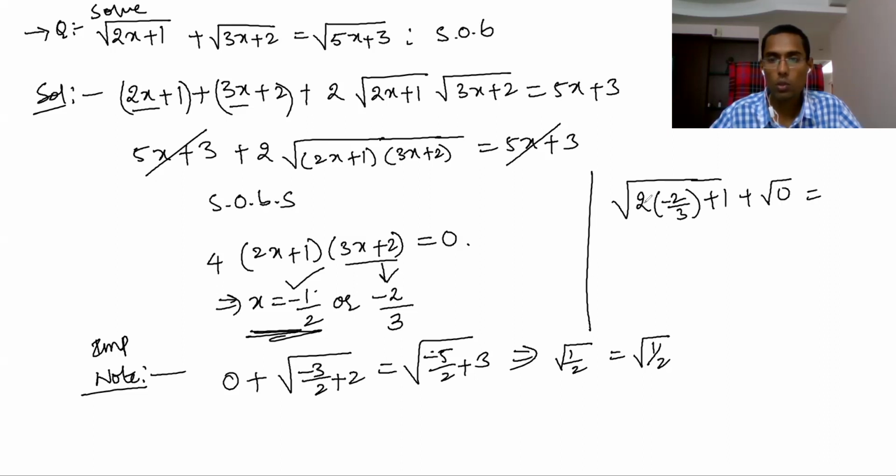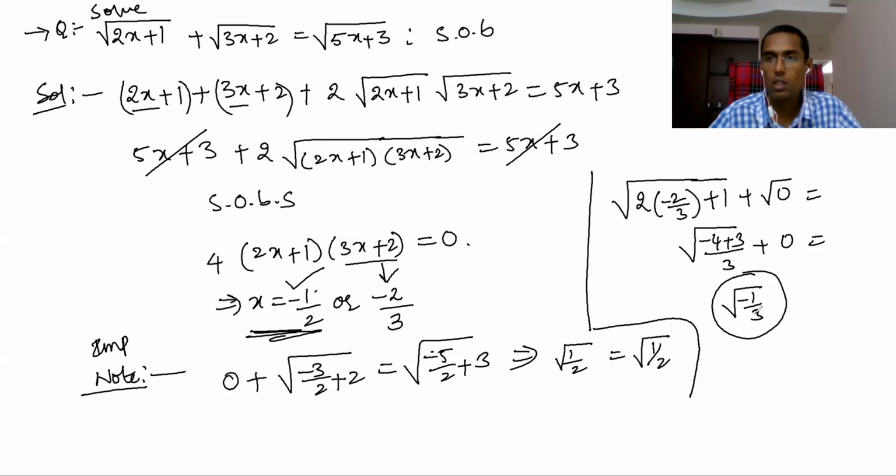But here, minus 4 plus 3 by 3 plus 0, you are getting minus 1 by 3. So the square root of a negative is imaginary. Therefore, this is not satisfying the given equation, though you got it.